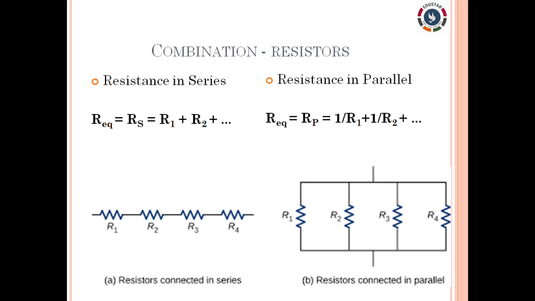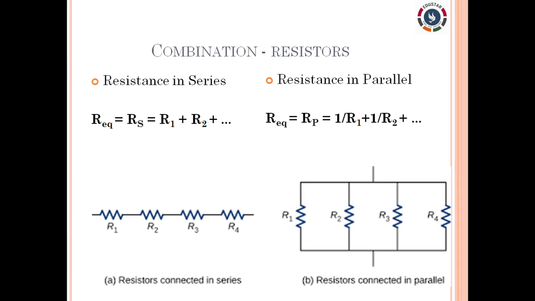In the same way, we can combine resistors in parallel. Here R equivalent or R effective is denoted by RP, which is calculated using the formula 1 by RP equals 1 by R1 plus 1 by R2, up to n number of resistances. Students, you have to keep this in mind. When you combine resistances in series, you get the maximum resistance, whereas if you connect the resistors in parallel, you get the minimum resistance in the circuit.